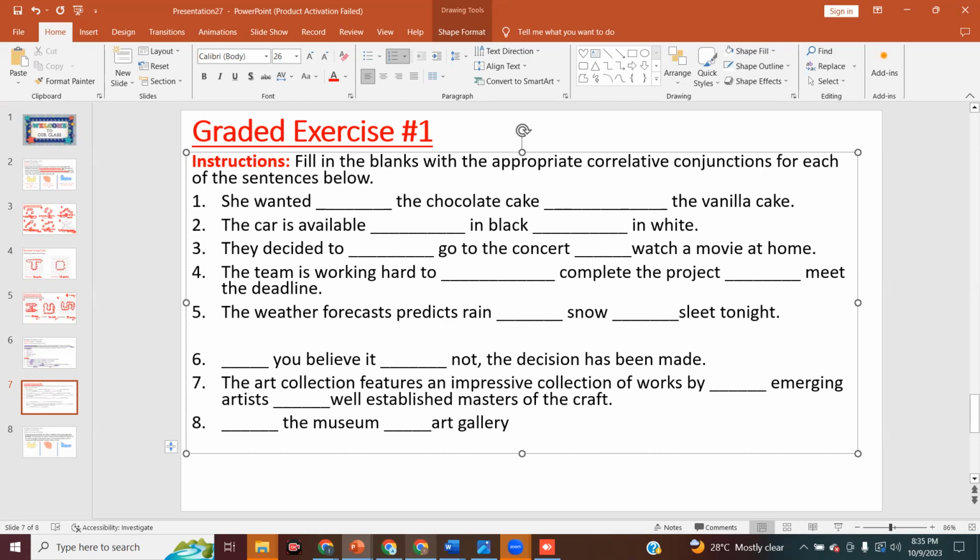Number 5. Yes, sir. No, number 5 is supposed to read, the weather forecast predicts blank snow.